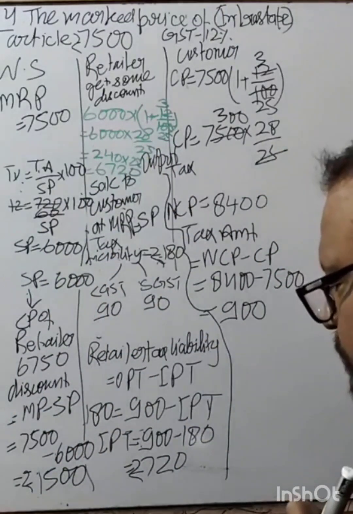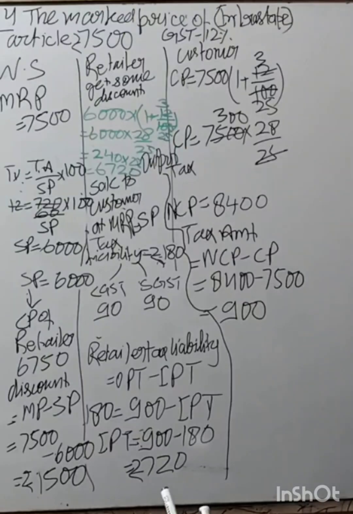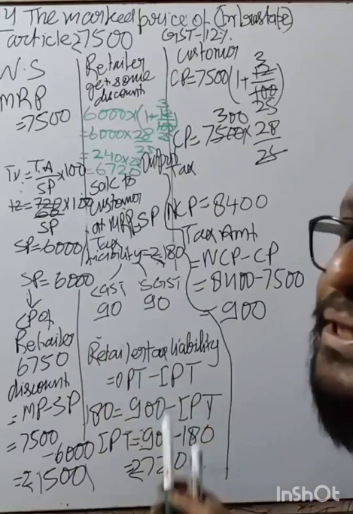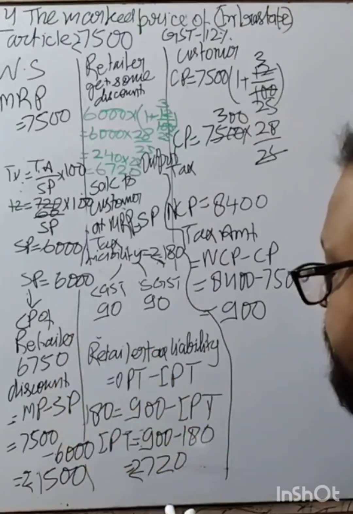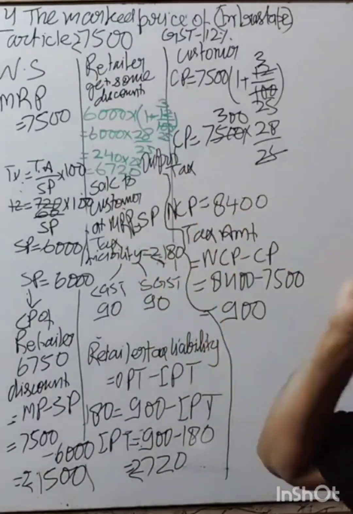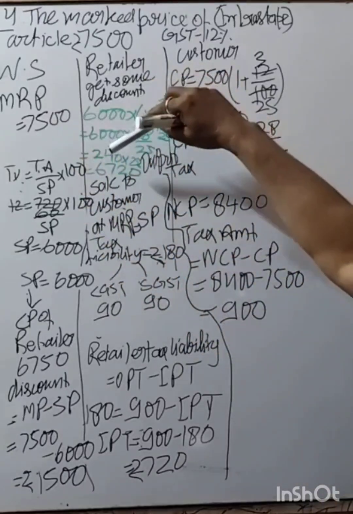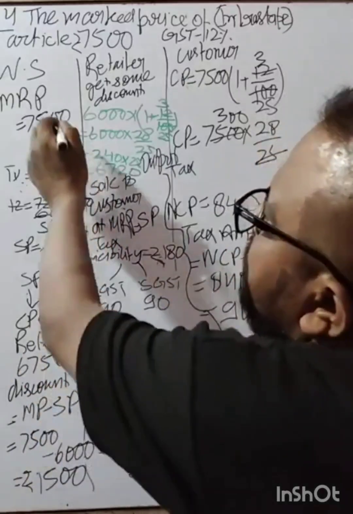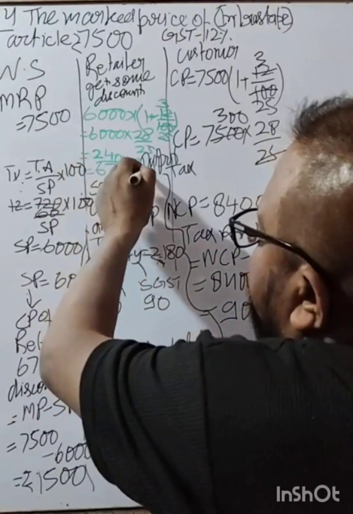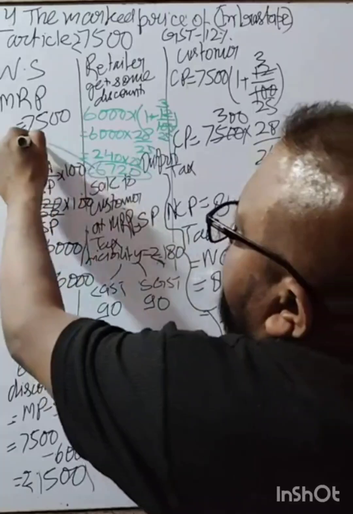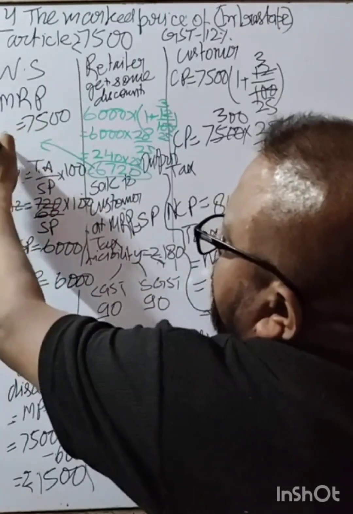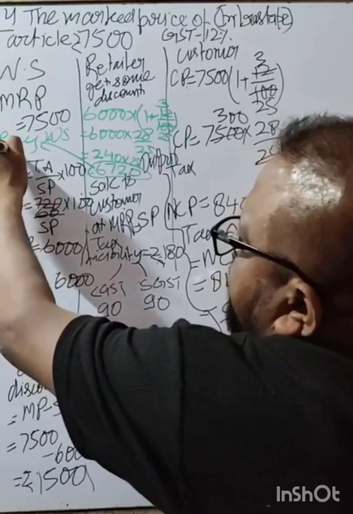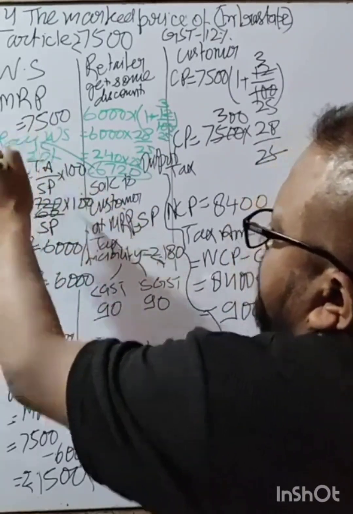The input tax is added to his cost price: 6000 plus 720 becomes 6720, paid by the retailer to the wholesaler.